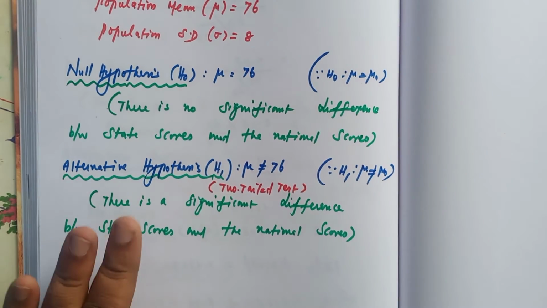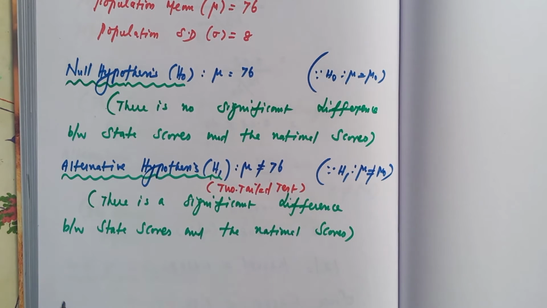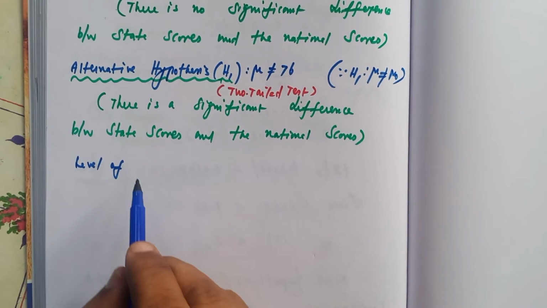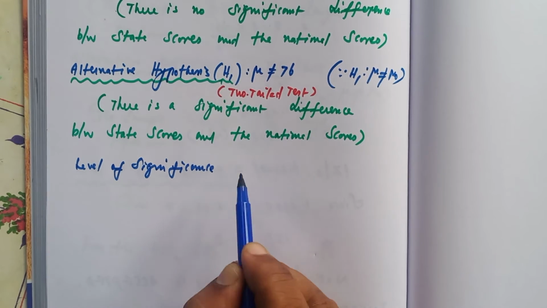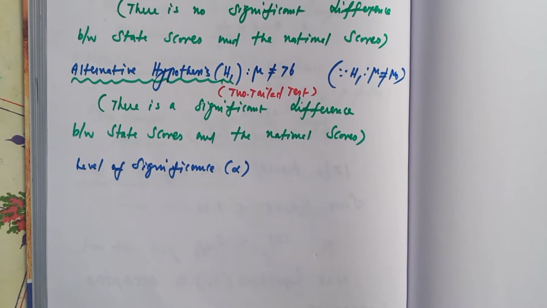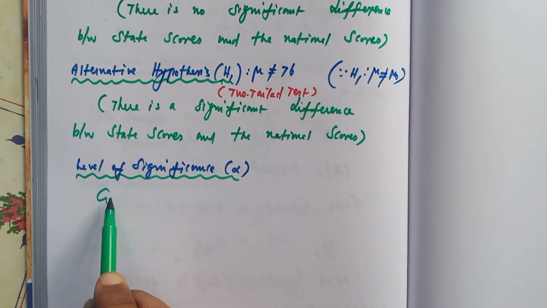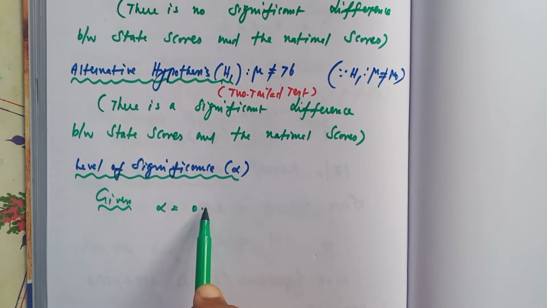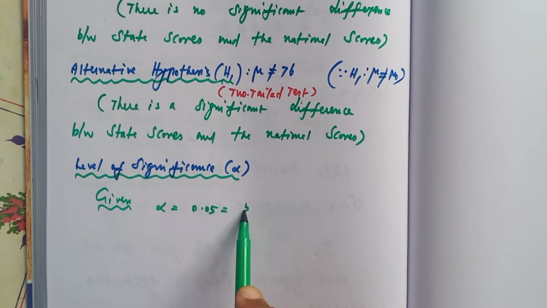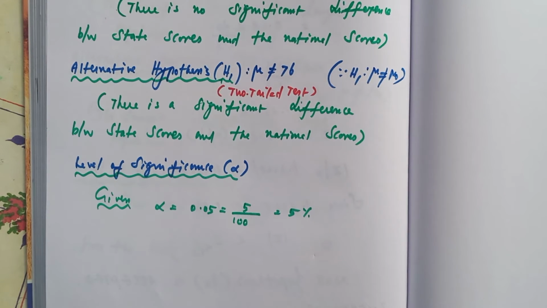Now two stages are over. Now we can go for the third stage, that is the level of significance, represented by the letter alpha. Here alpha is given as 0.05, that is 5 divided by 100, that is 5%.